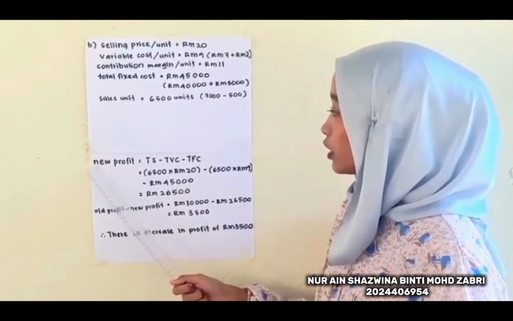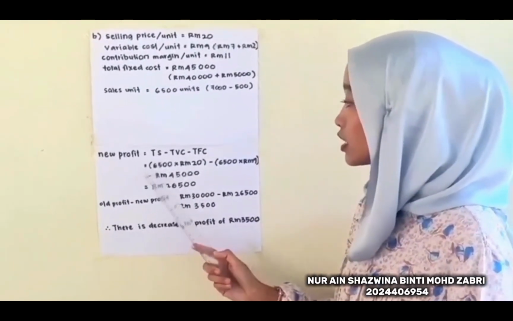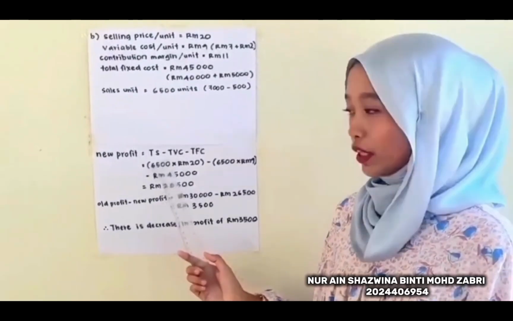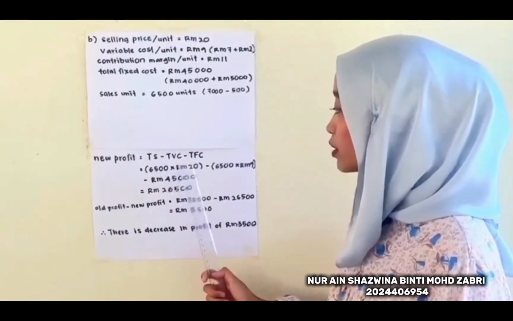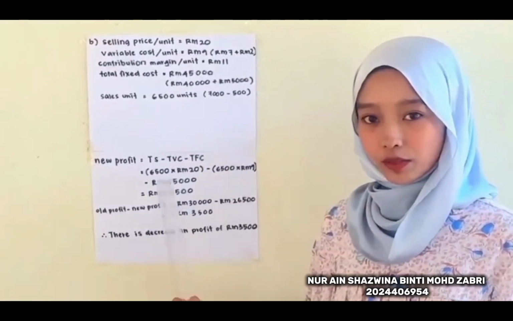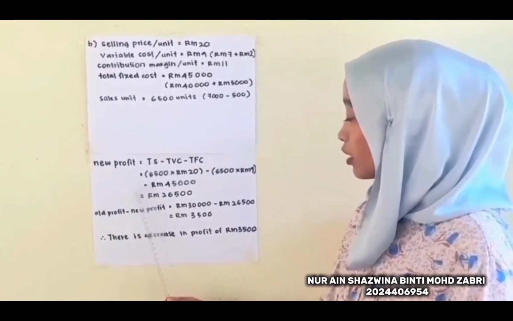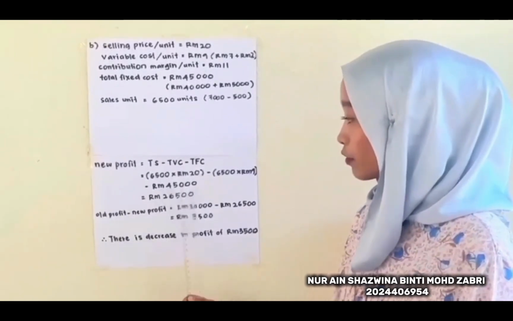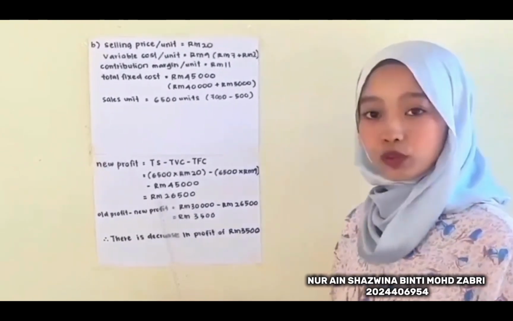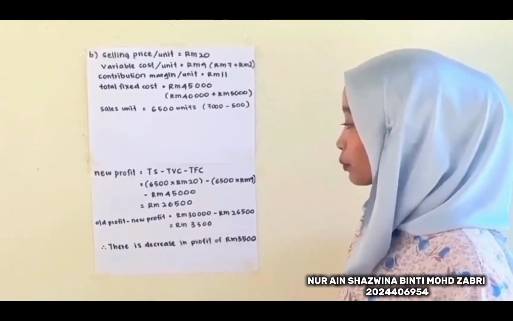Okay, next, we need to find new profit. The total sales is 6,500 times 20, minus total variable cost 6,500 times 9, and minus 45,000, and we get 26,500.